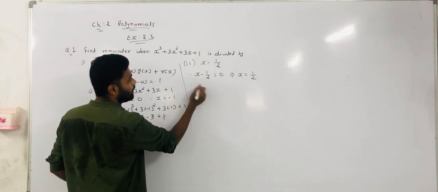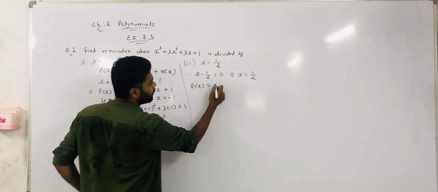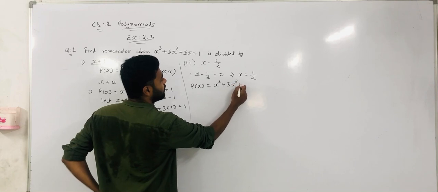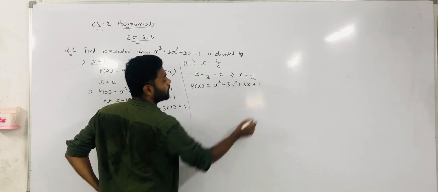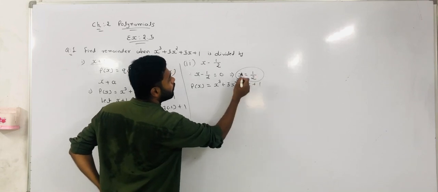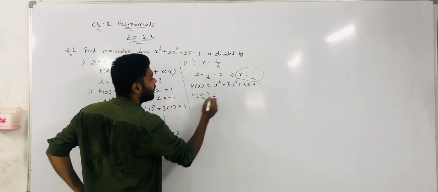Now find p of 1 by 2. So p of x is what? x cube plus 3x square plus 3x plus 1. So find the value of the polynomial at x equal to 1 by 2.